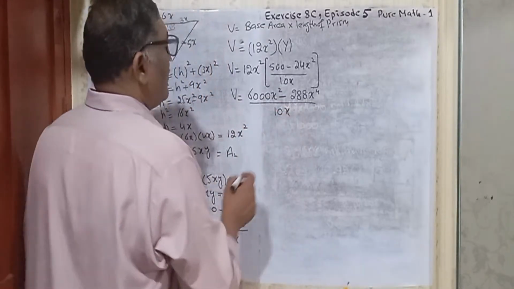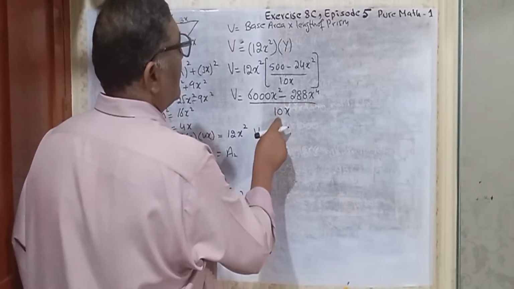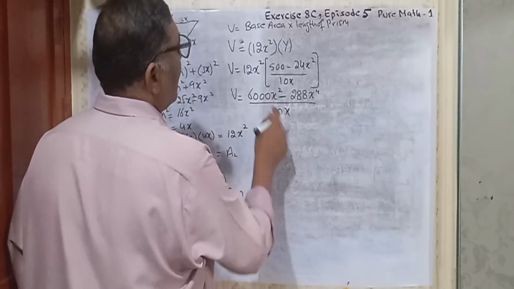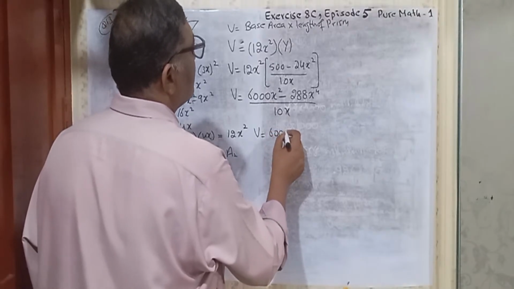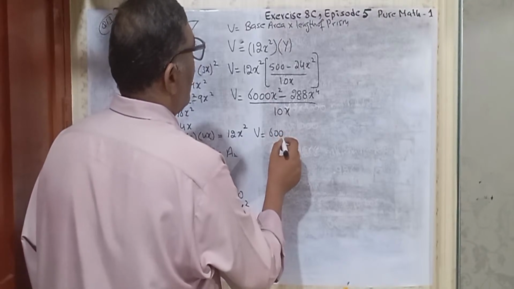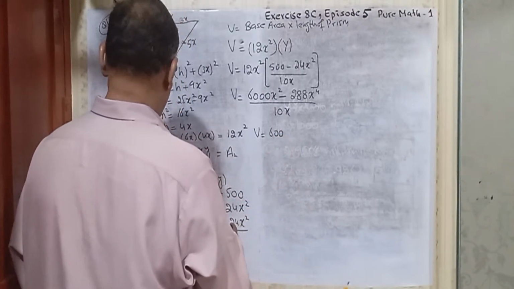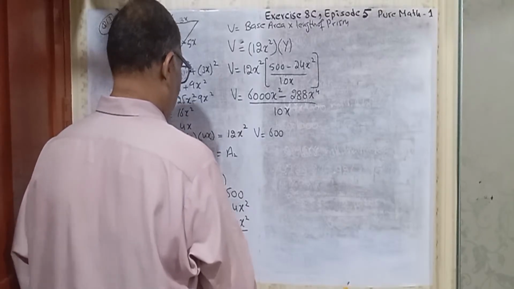So the volume will be equal to, you separate it. When you bring it here, the 0 and 0 cancel, so it will be 600. There was an x square here. Let me check y in terms of x.